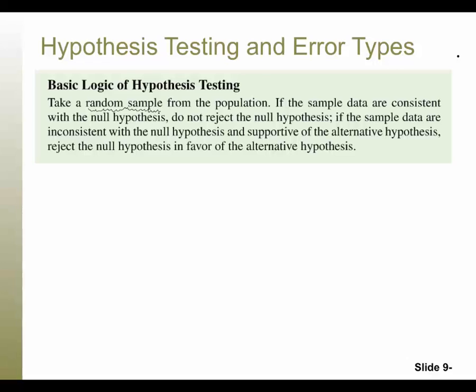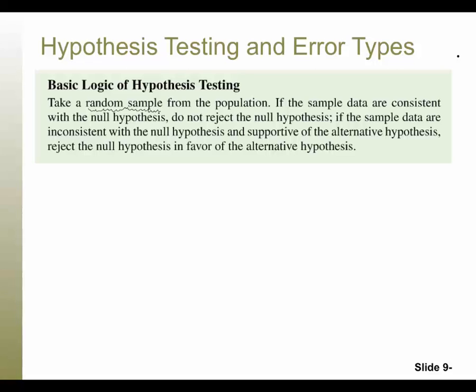If the sample data are consistent with the null, we don't reject it. That's what I was talking about before. It's not that we accept it and we can make this conclusion that, yes, the population mean is this. It's that we don't reject it. We say it's possible that the population mean is this. Okay? If the sample data are inconsistent with the null hypothesis and supportive of an alternative hypothesis, then we reject the null in favor of the alternative.